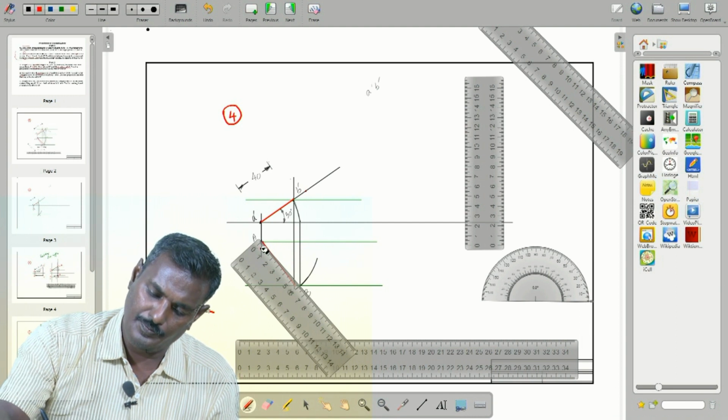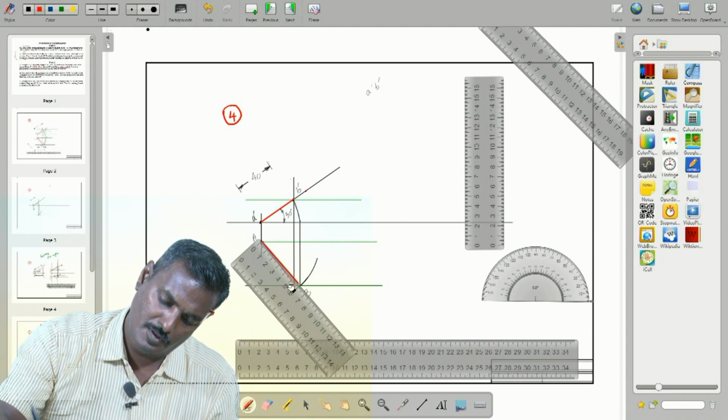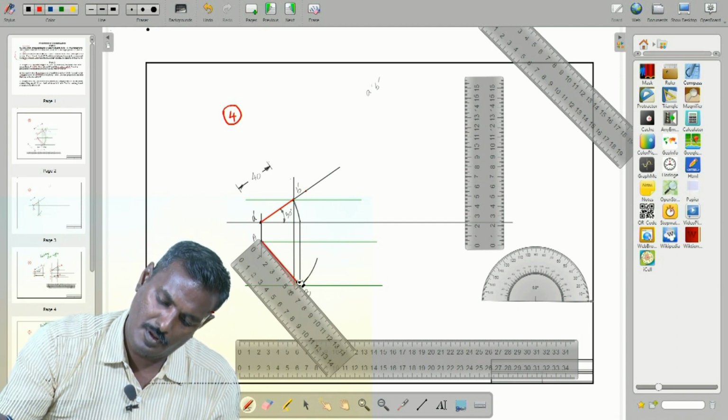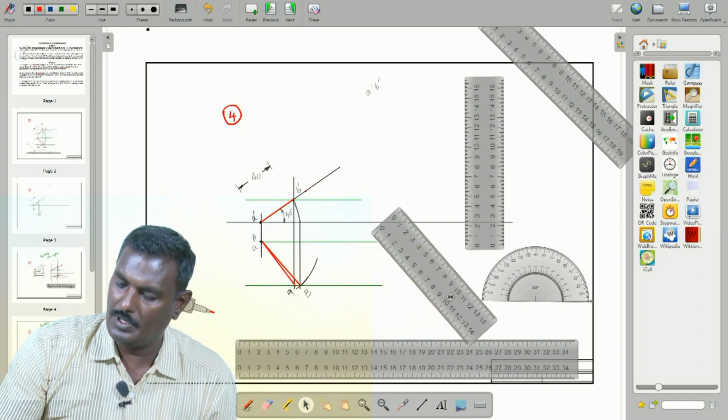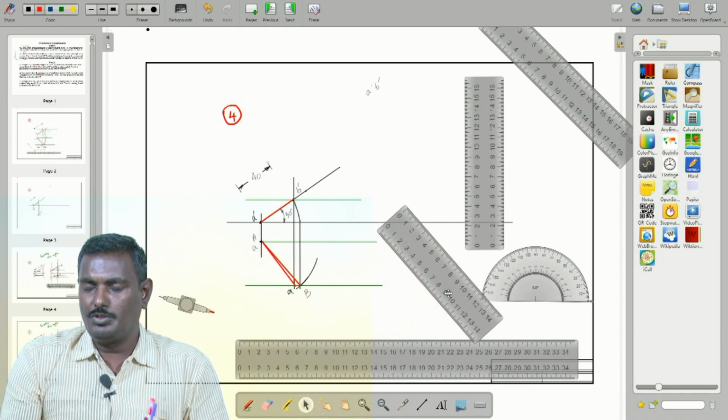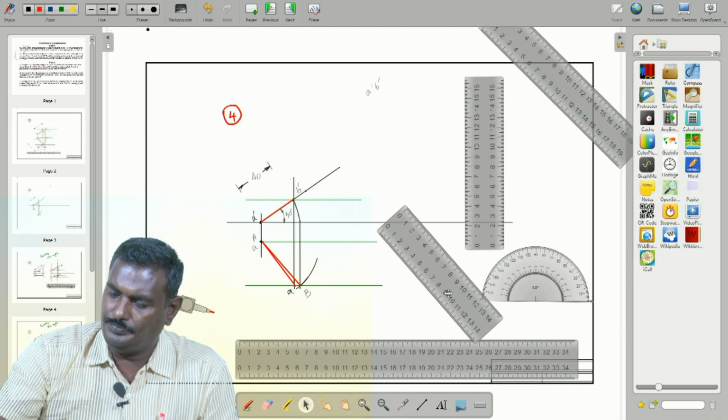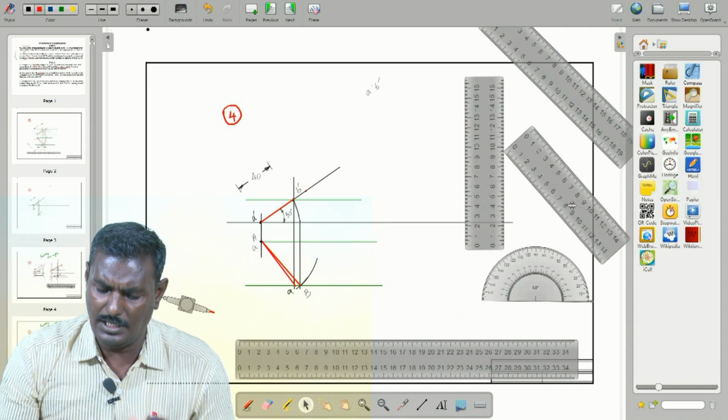So that is also the true object. So these are the two details. So that is the logic, is it?